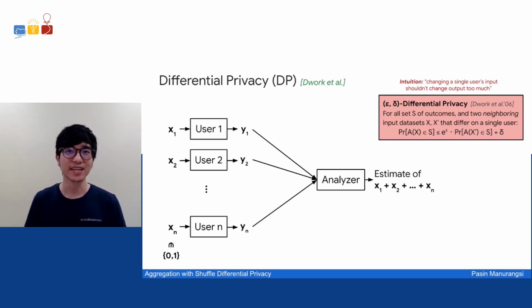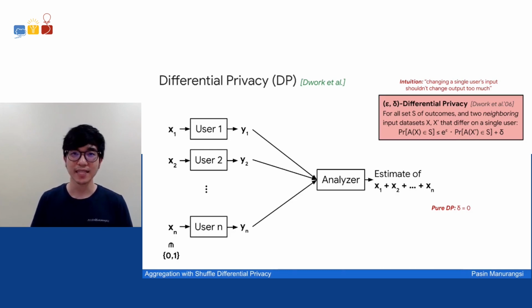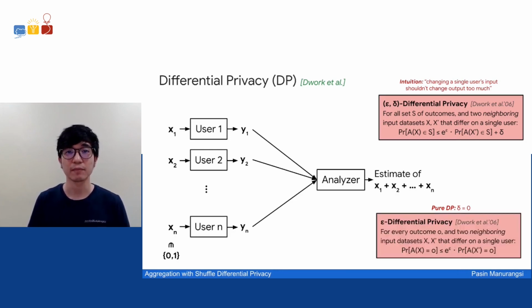Now, this definition is a bit of a mouthful, but if you haven't seen it before, perhaps the easiest way to visualize it is to think about the case where delta is equal to 0. This case is often referred to as the pure DP, pure differential privacy case. In this case, the condition can be simplified as follows.